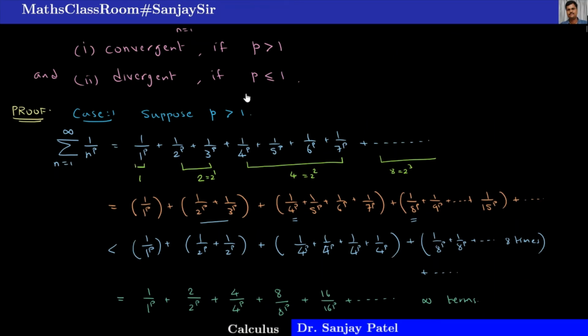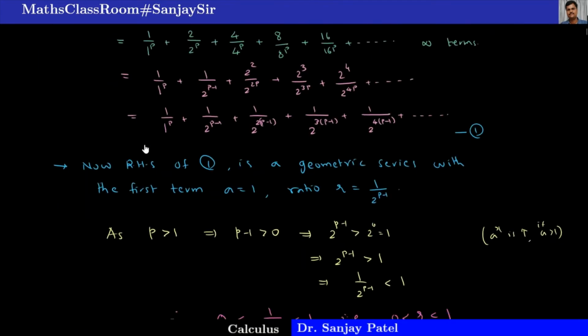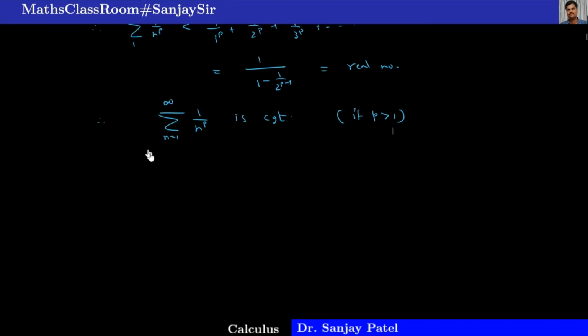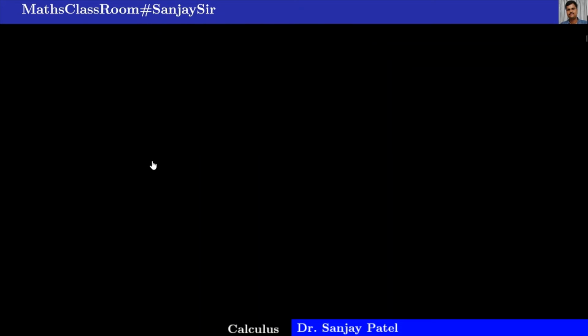Now let us assume that p is less than or equal to 1 as case 2. Case 2 we will discuss now. Suppose the real number p is less than or equal to 1.